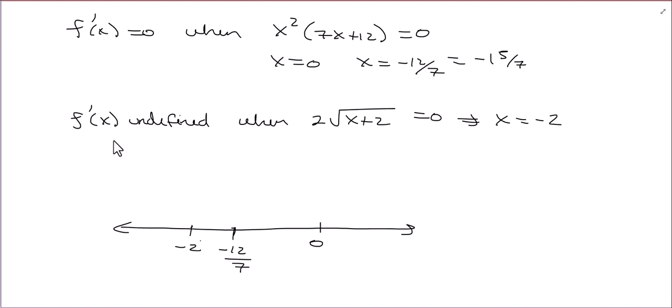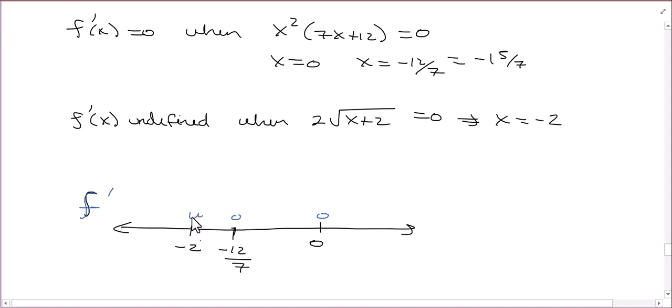And so we're testing the first derivative. And this is undefined, and this is 0 and 0. So where we have zeros, that's where we have the chance of having local max, local min, or saddle.